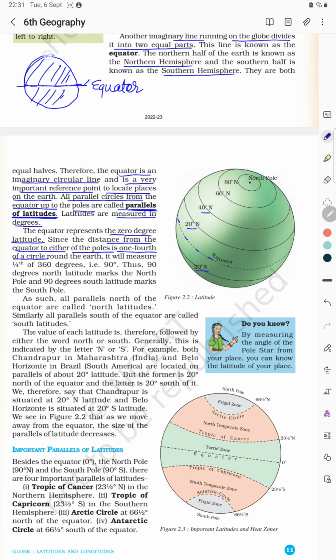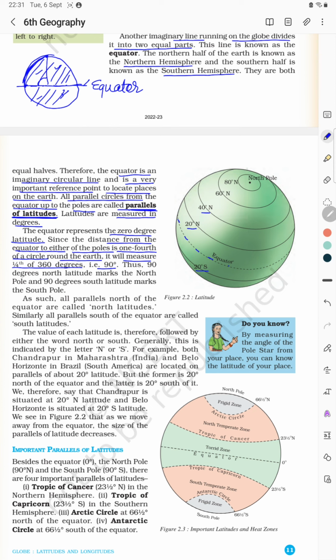From here to here, this is one quarter of a circle, so 1/4, 2, 3, 4. This is one quarter. So the distance from the equator to either pole is 1/4 of a circle. It measures 1/4 of 360 degrees, which is 90 degrees, as I have told.